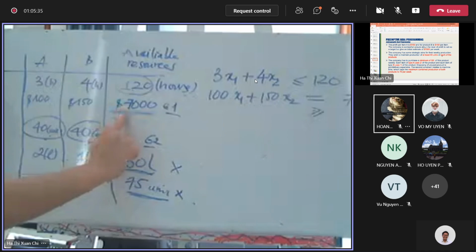Who can help me to write constraint number 5? Minimum.